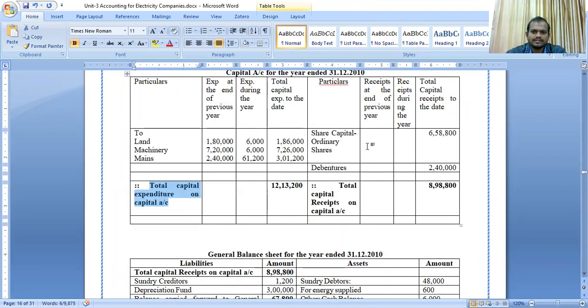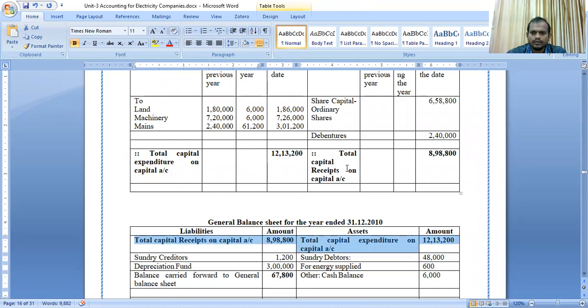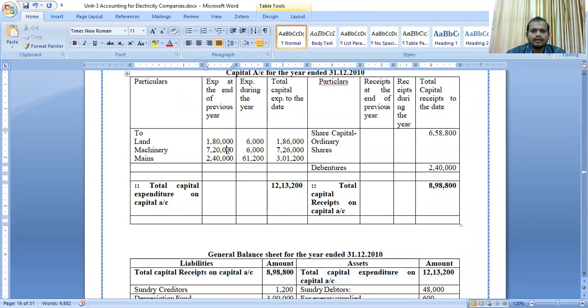How we utilize these funds in the capital expenditure, nothing but how we utilize for towards purchase of machinery. So we have to mention it in the total balance, total capital expenditure in the asset side. So this capital account shows the sources of fund and how we utilized in the assets, fixed assets.